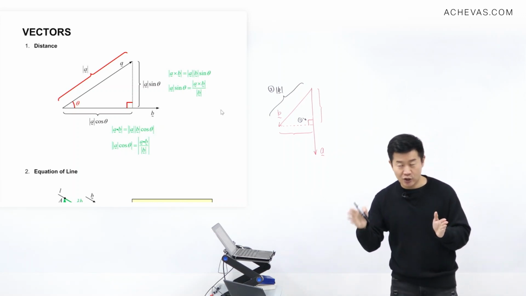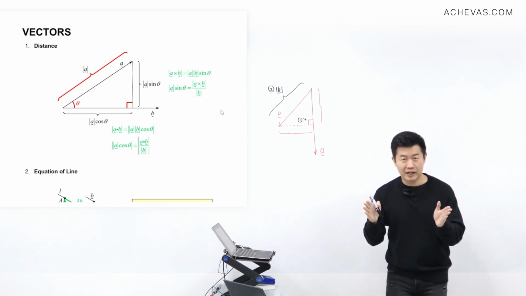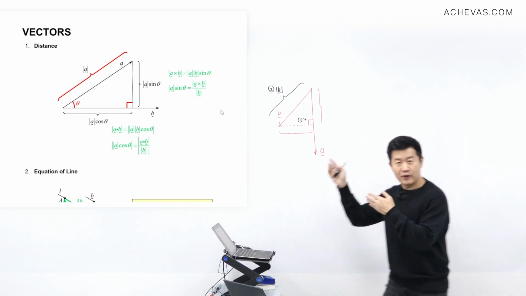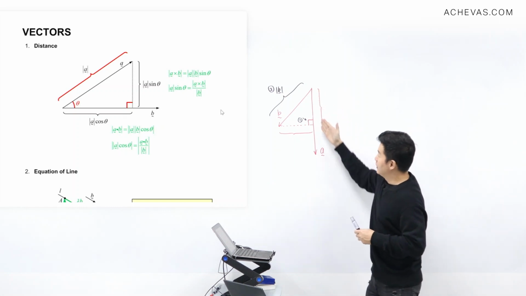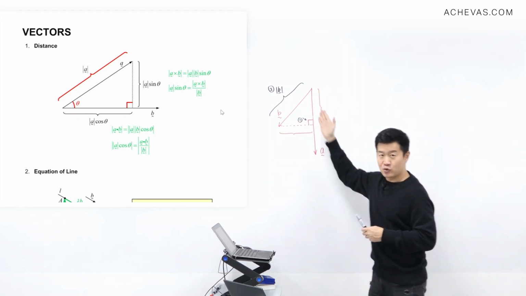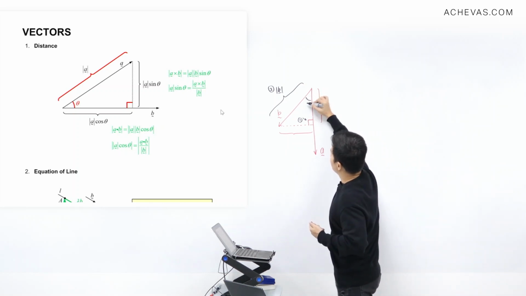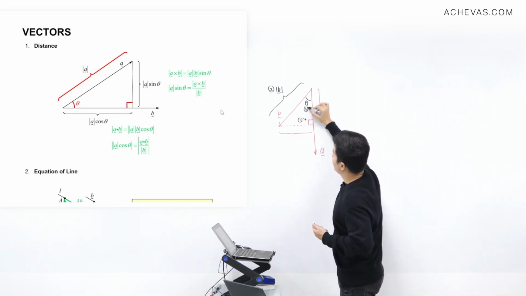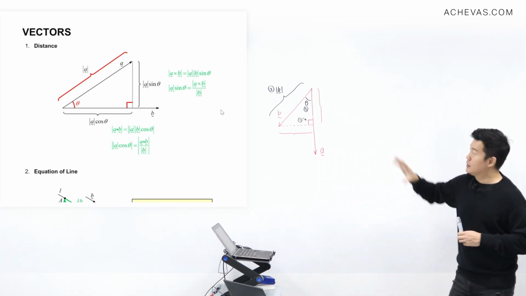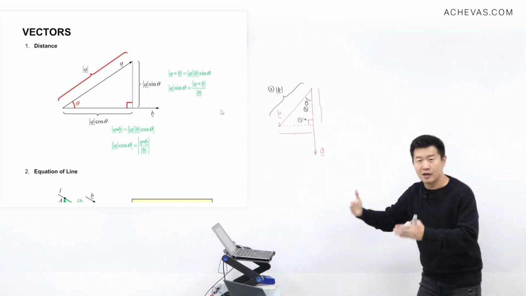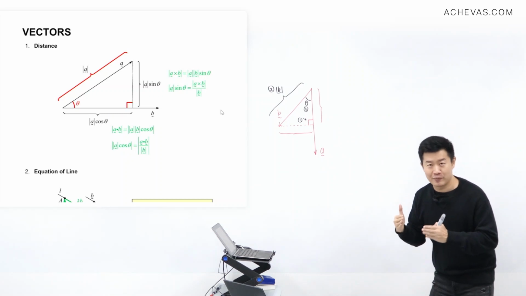The theta in the dot and cross product will always be the angle between two known vectors. In this scenario, I know vector A and I know vector B. These are two vectors that are already given to us. So I'm going to assign theta here. This is my third thing, which allows me to say that this right-angled triangle is the magic triangle that we have been looking for.